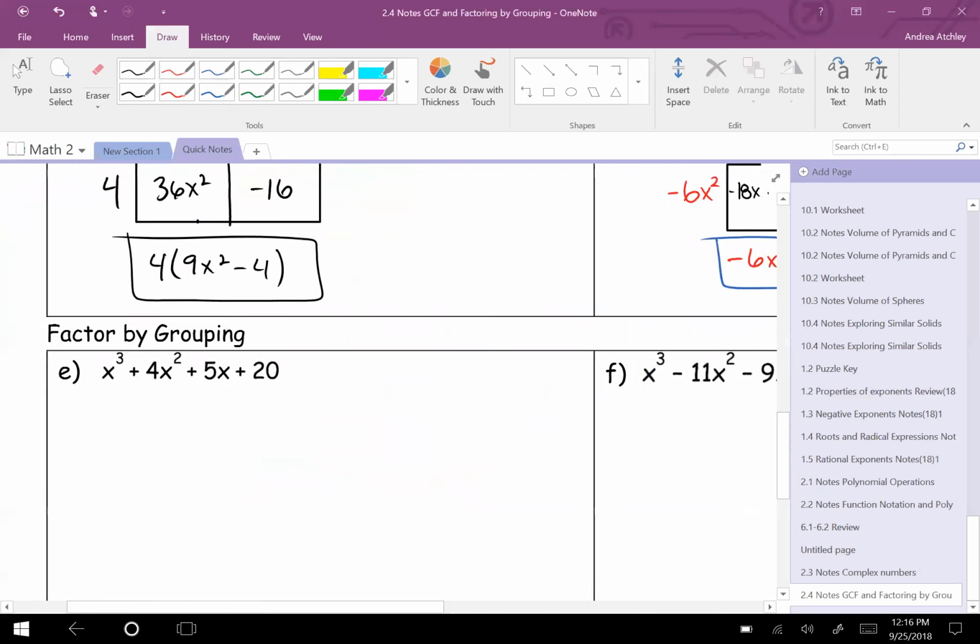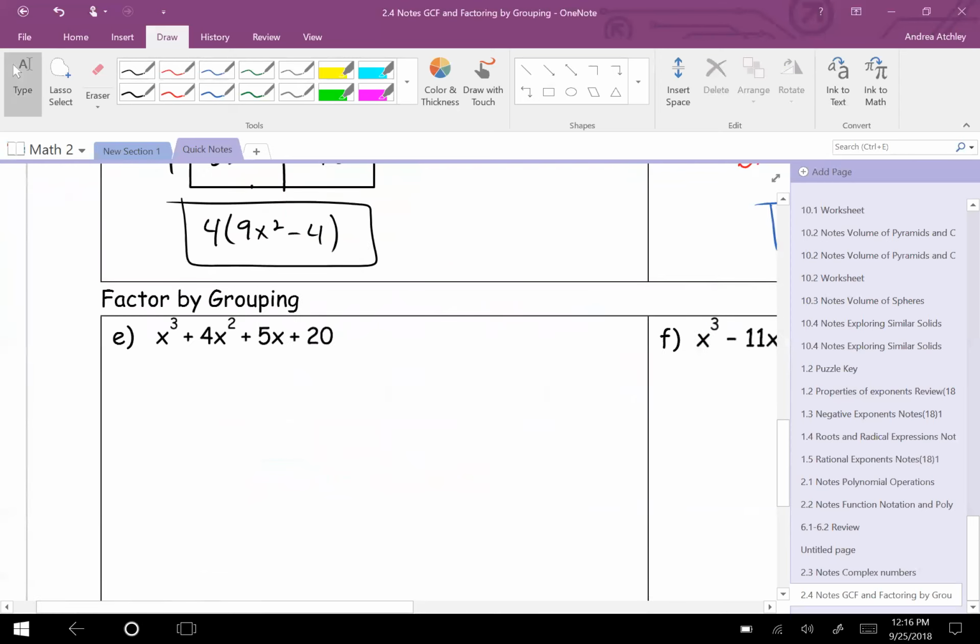Okay, now we're going to teach you how to factor by grouping. Factor by grouping is when you have 4 terms. There must be 4 terms. If there's 4 terms, then you try and factor by grouping. Okay.